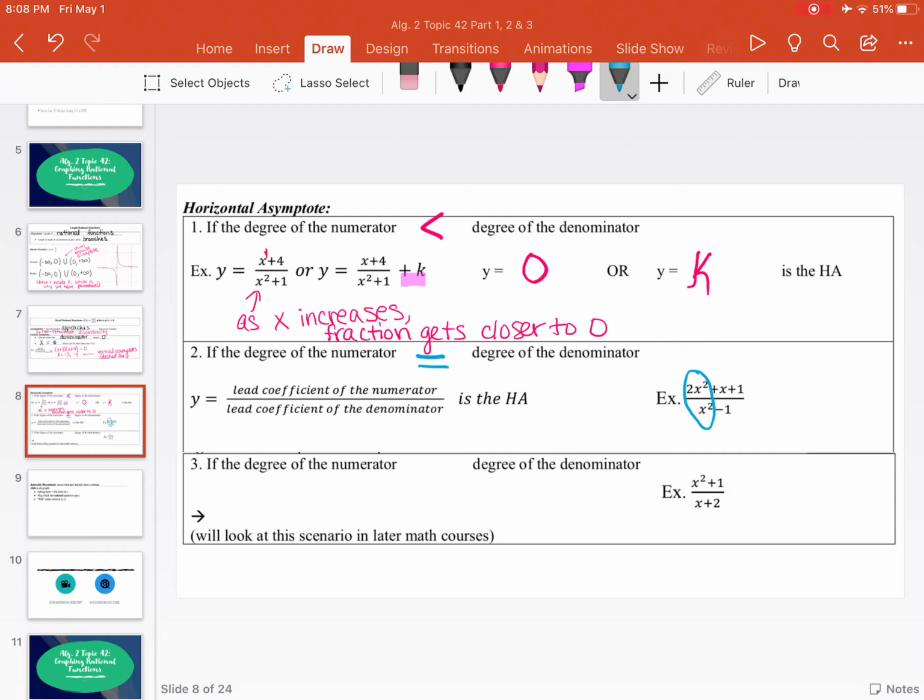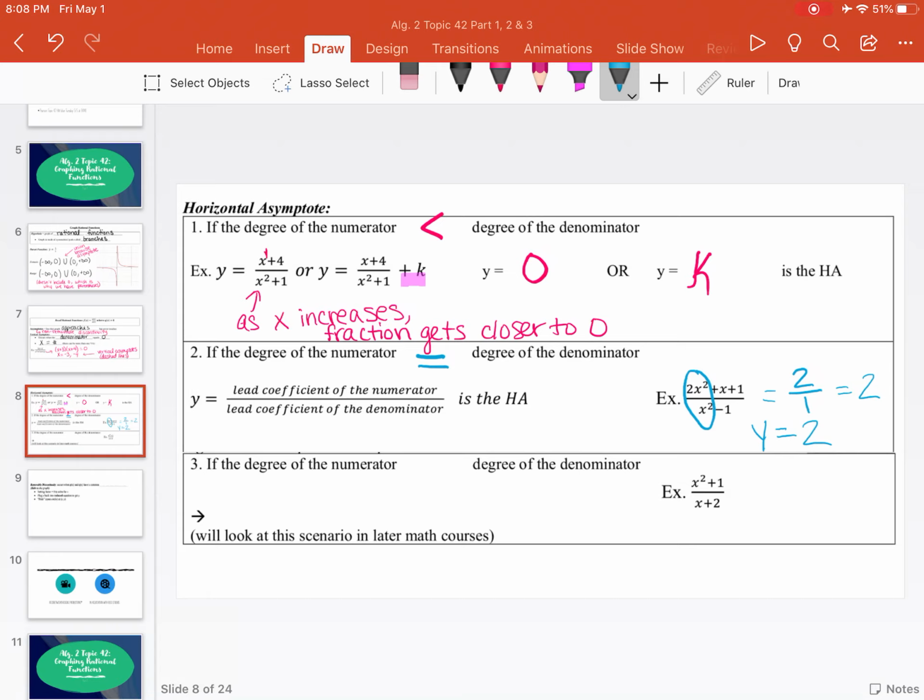So I can forget about the other terms for this moment. All I need to do is take the leading coefficient of the numerator and divide it by the leading coefficient of the denominator. So in this case, we have 2 divided by 1, which gets us 2. So my horizontal asymptote will be y equals 2.